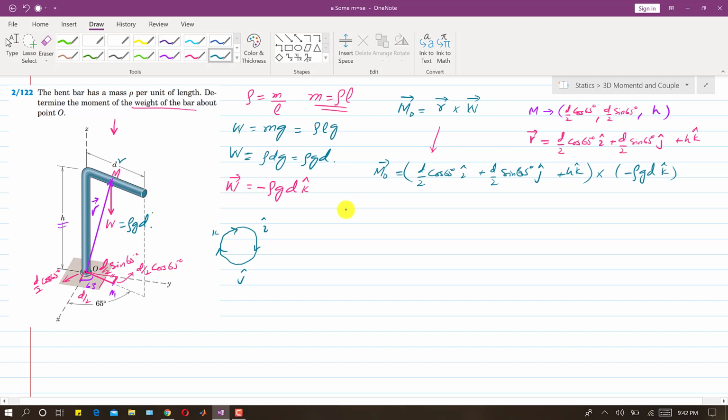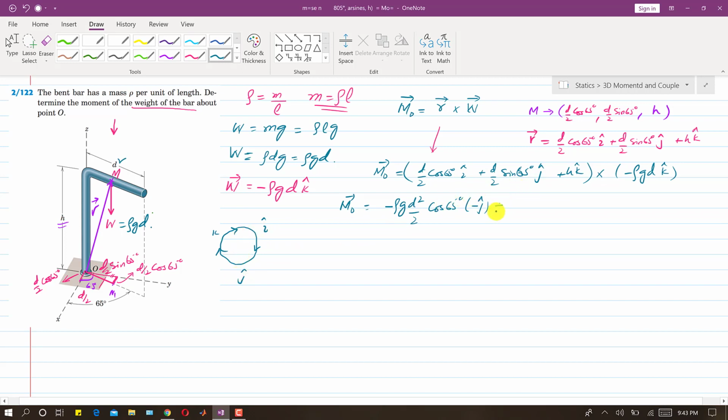Now if we multiply this, the moment about O will be minus rho g d square divided by 2 cos of 65 degrees, and i cross k, so i cross k gives us minus j.